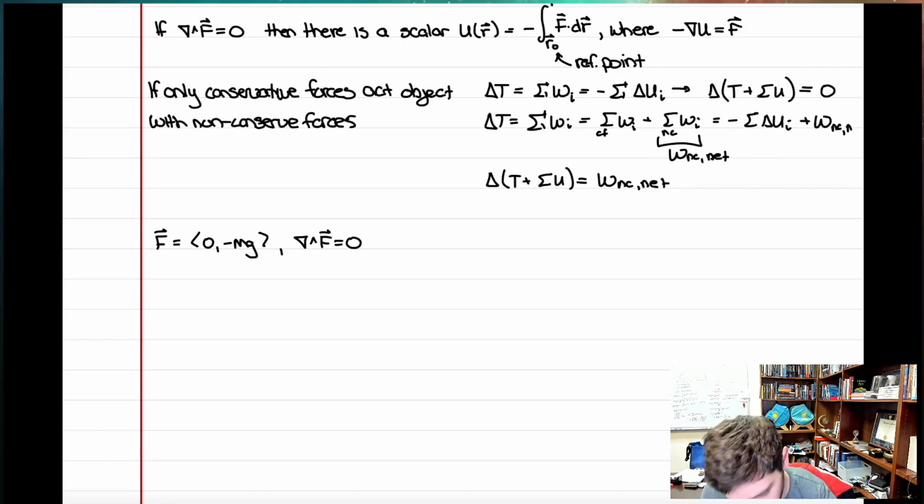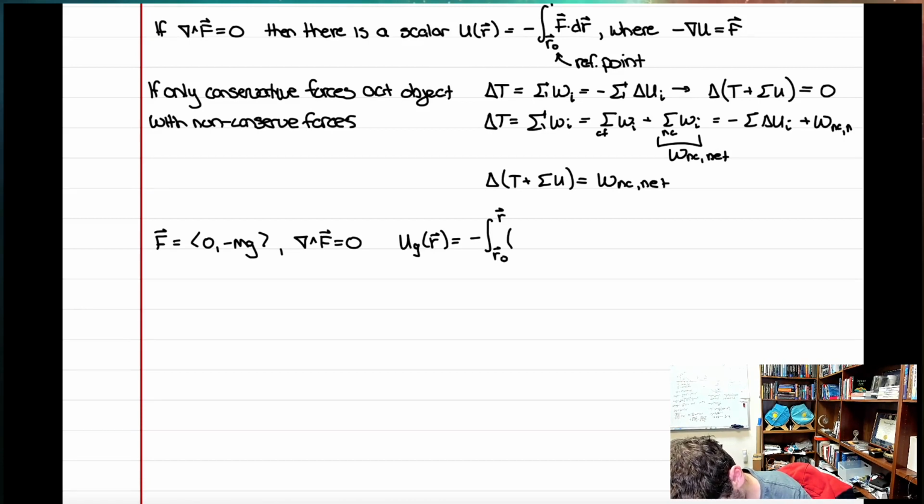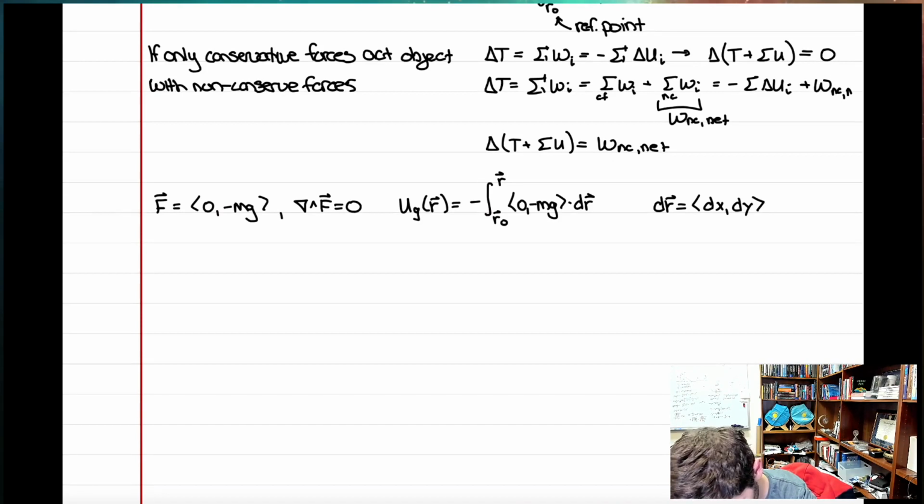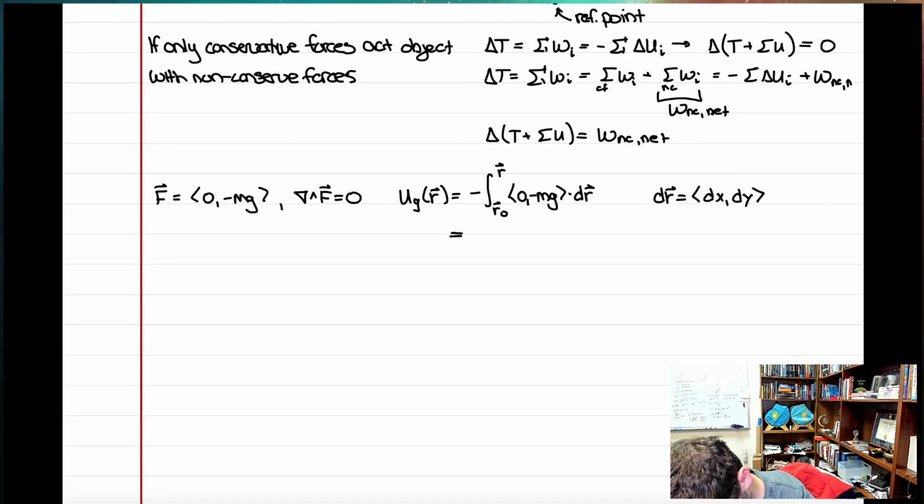So that means I can define a potential energy function due to gravity as negative the integral from some reference point to some arbitrary point of the vector (0, negative mg) dotted with dr. dr in Cartesian coordinates is dx, dy, and dz if we were doing multi-dimensions. So then this is the integral from r naught to r of, after I take the dot product, mg dy.